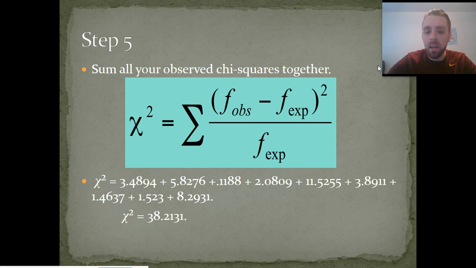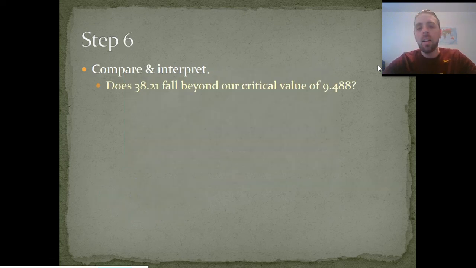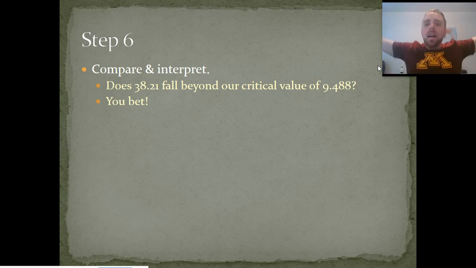Well, what does that mean? Well, we have to call back to the critical value that we looked up in Appendix C. So I ask you, does 38.21 fall beyond our critical value of 9.488? Is 38.21 larger than our critical value of 9.488? You better believe it is. We've done it.